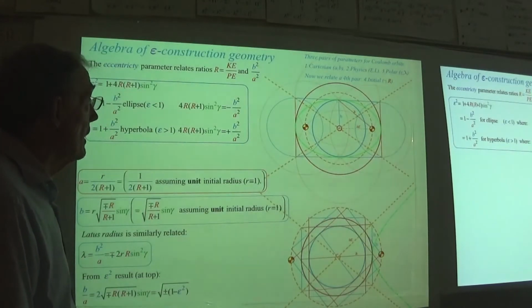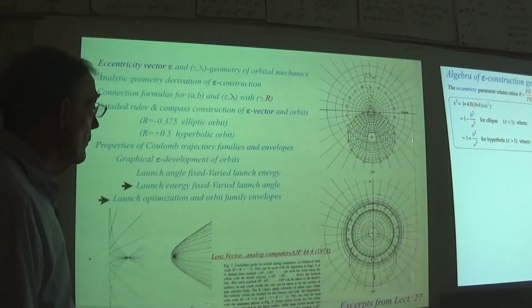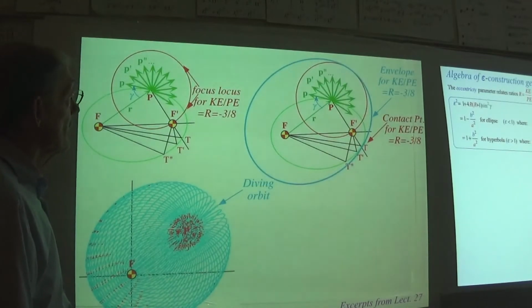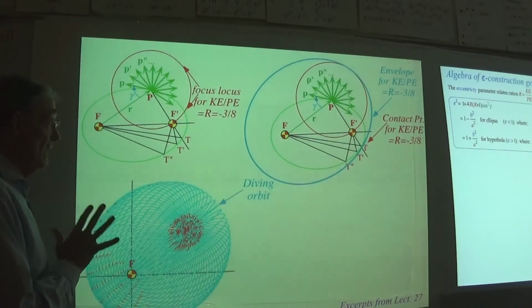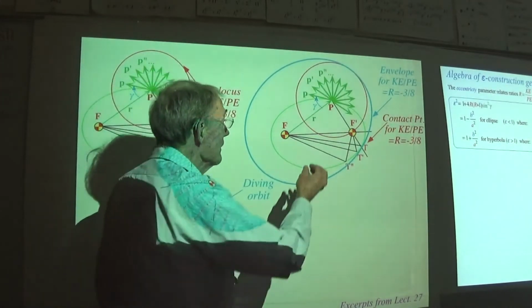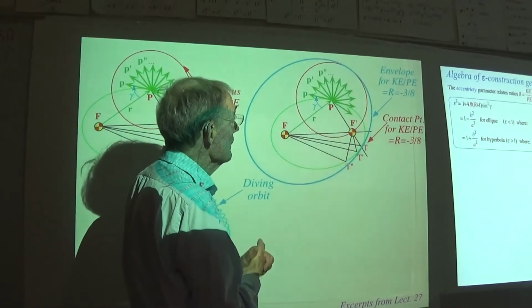And then here's some of the geometry that shows that. And then here's some graph paper that we'll be using. This is graph paper from that paper. But here's the other thing that we haven't shown yet, and that is the envelope that's formed by an explosion in an attractive Coulomb field. Okay?